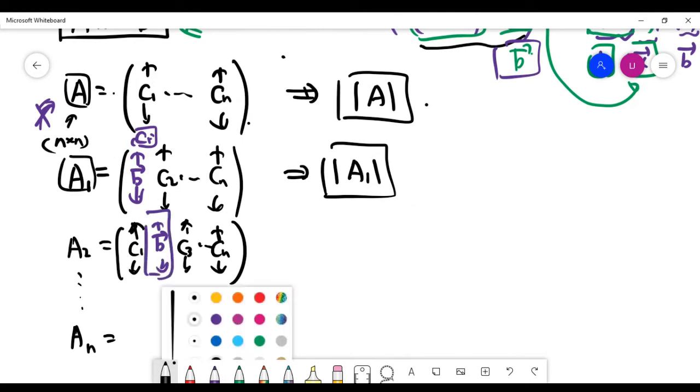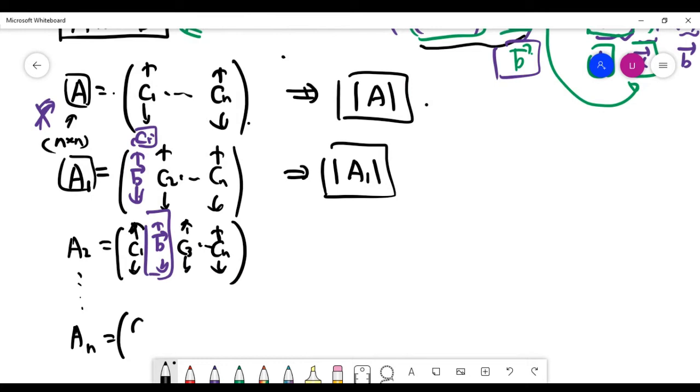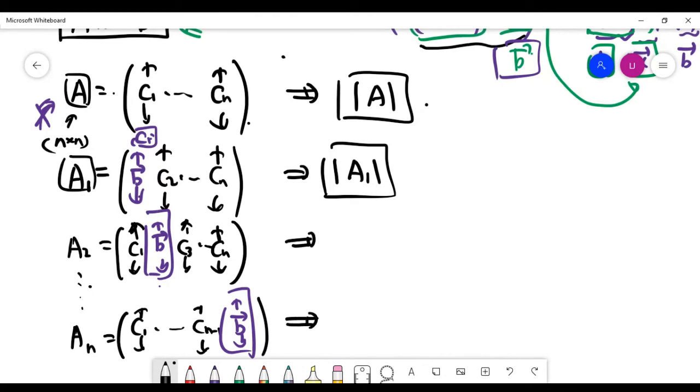So as you can see what's happening, the last matrix is going to have the same columns all the way, just like the coefficient matrix A, but you need to replace just the last column by the column B, you see? So there are quite many matrices you have to look at, and for each matrix, you need to compute the corresponding determinant.